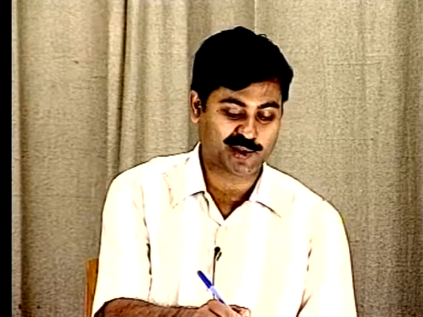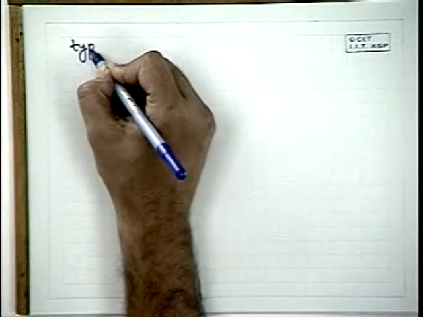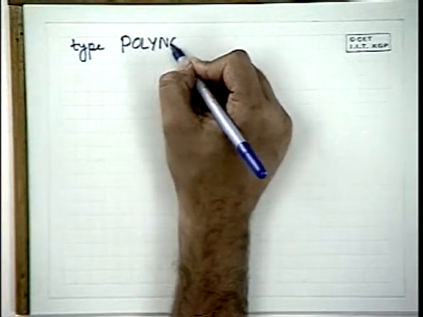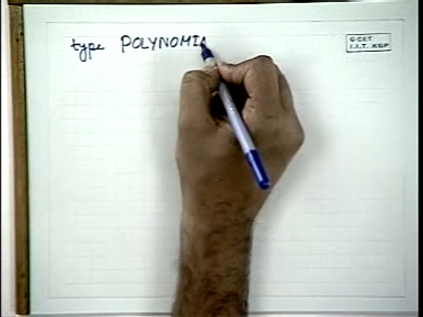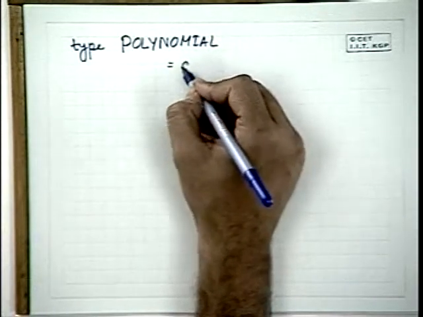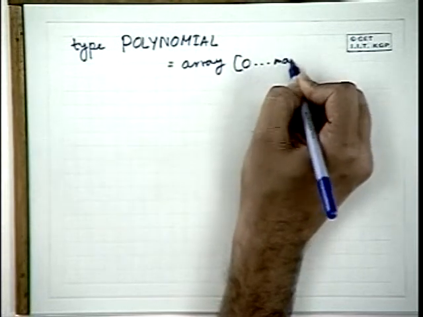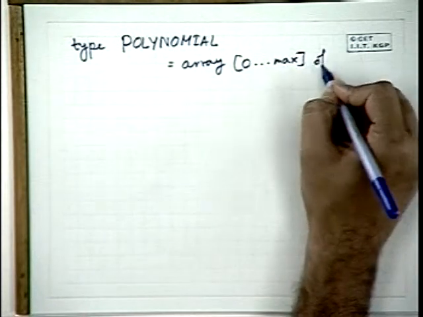Suppose we declare, this is a Pascal like declaration, type polynomial equal to array 0 to some max of real.